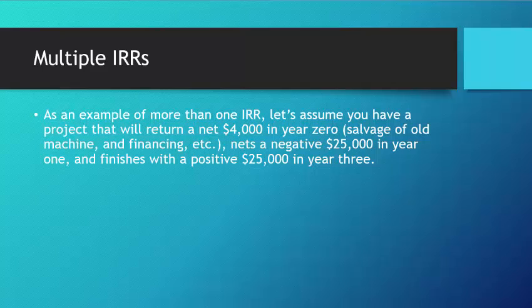At the end of year one, what I get out is a negative $25,000. Ouch. That's when I actually had to pay for the machine, perhaps. And then in the final year of the project, I get a positive 25,000. So those two have kind of balanced one another out, and I've really made 4,000 up front, and so I should be okay, right?